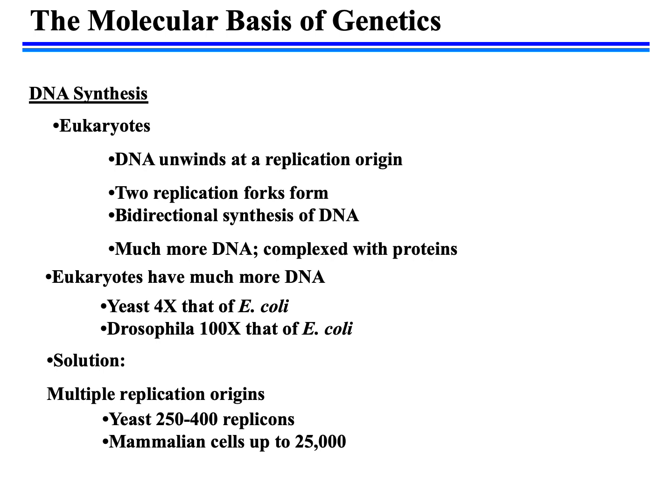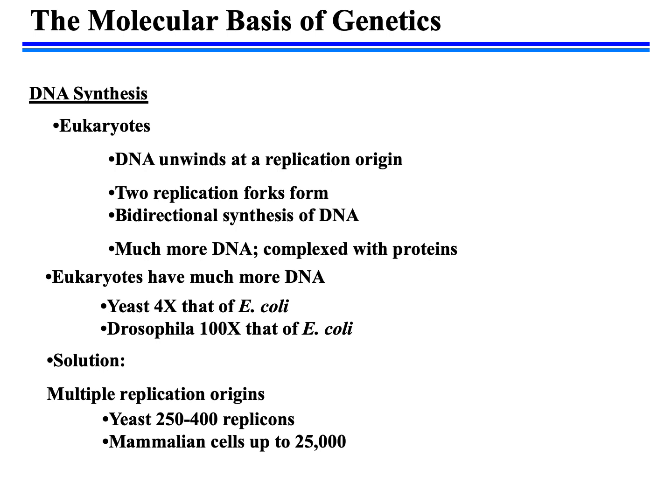DNA replication does also begin at a specific location known as the replication origin. The sequence of the replication origin is different than that in prokaryotes, but there is a specific set of sequences where replication begins.